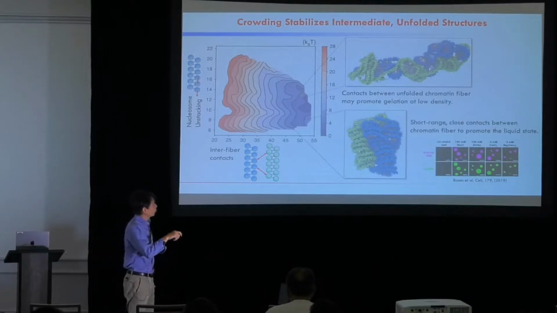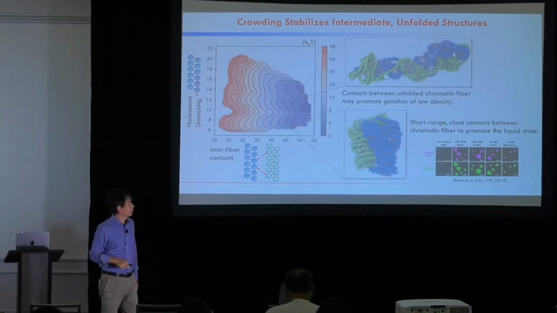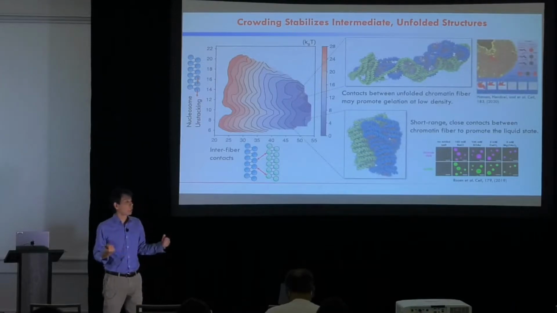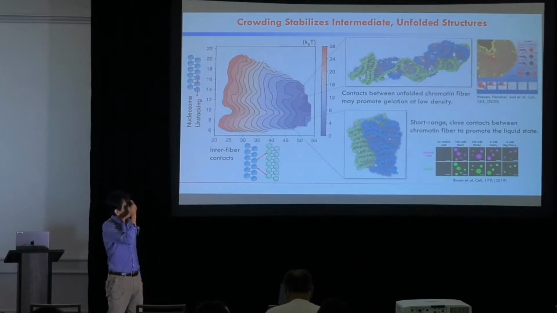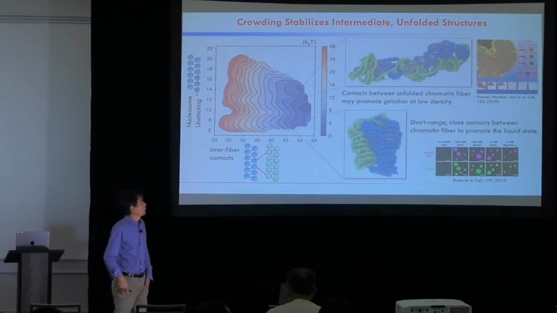And now the formation of a stronger interaction and also the possibility of forming topological entanglement, because they're more extended, would be consistent with the observation that some of the chromatin contents are really more like a gel instead of a liquid.